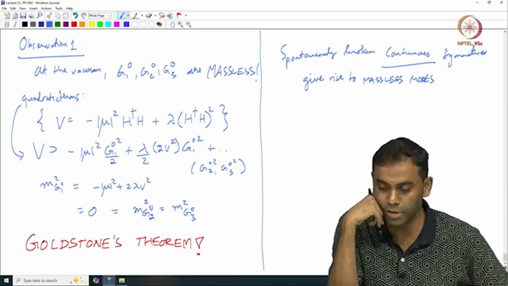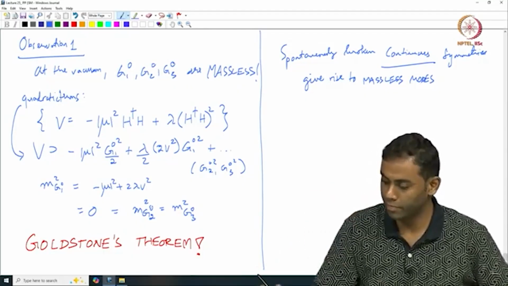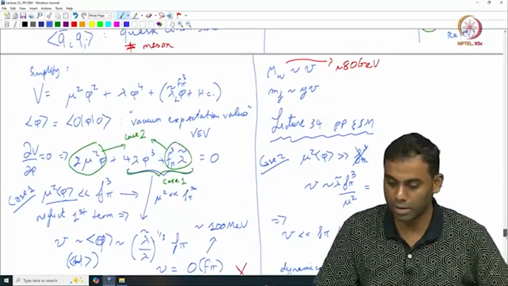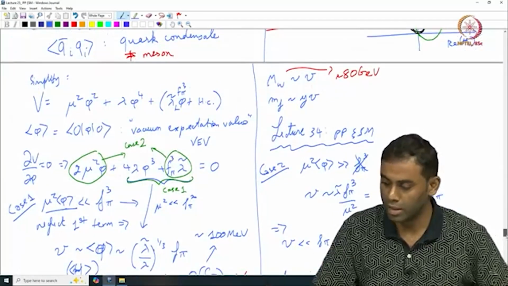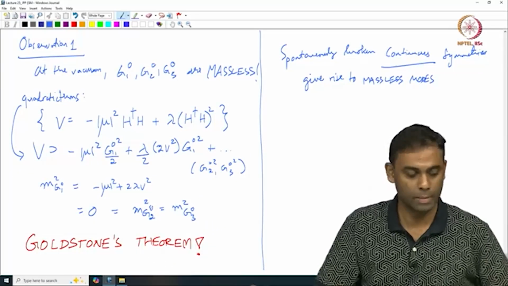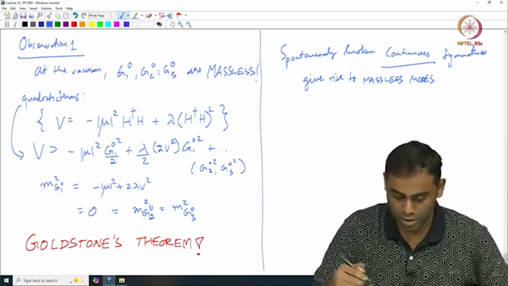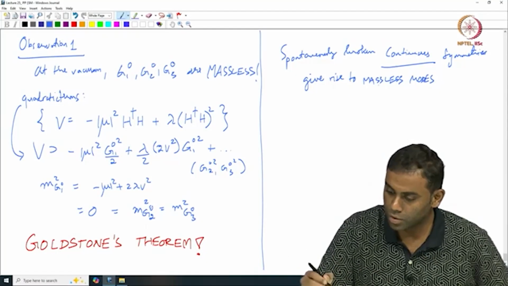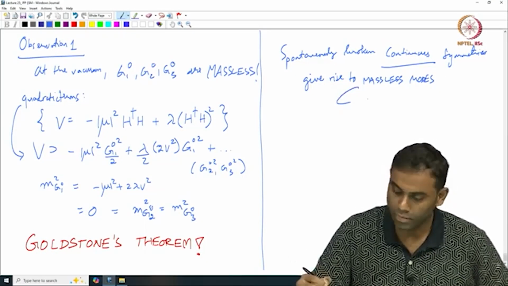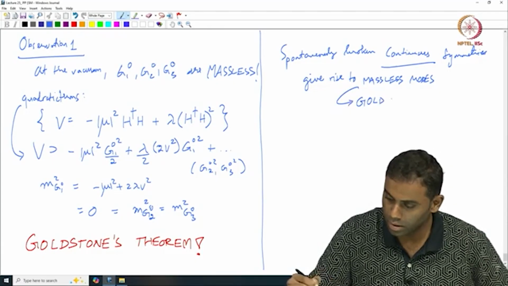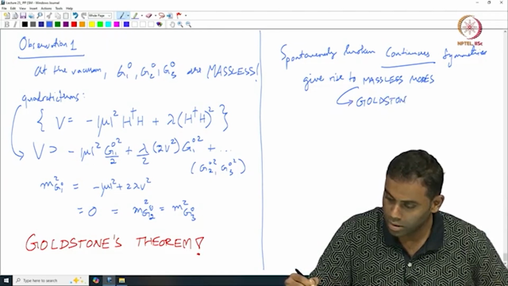You take any continuous symmetry, break it in any which way, even in the dynamical breaking that we saw earlier, even there you would have had Goldstone bosons. Goldstone modes. Of course, these are bosons, so those massless modes are exactly what are known as Goldstone bosons.